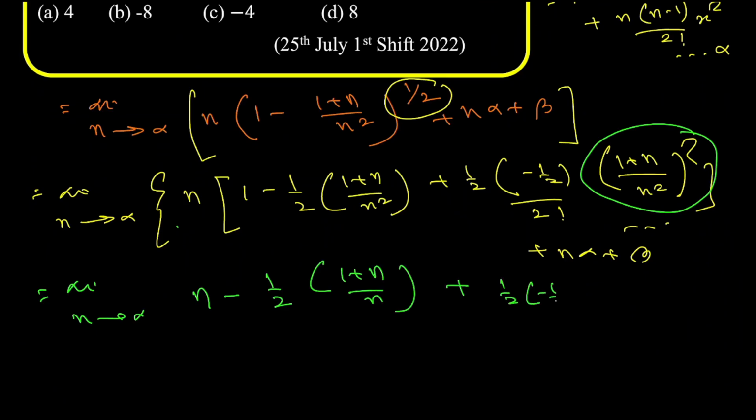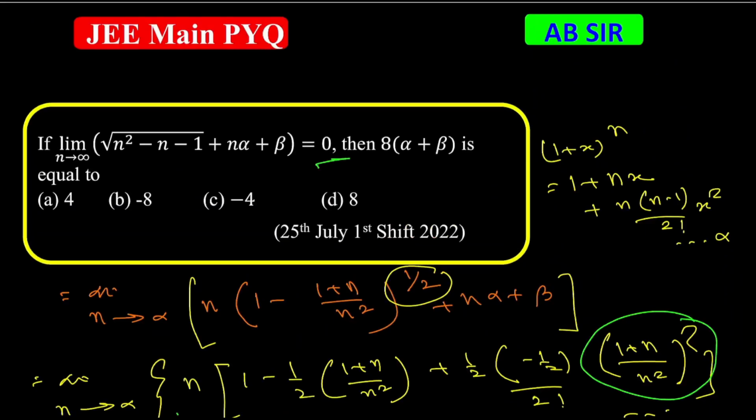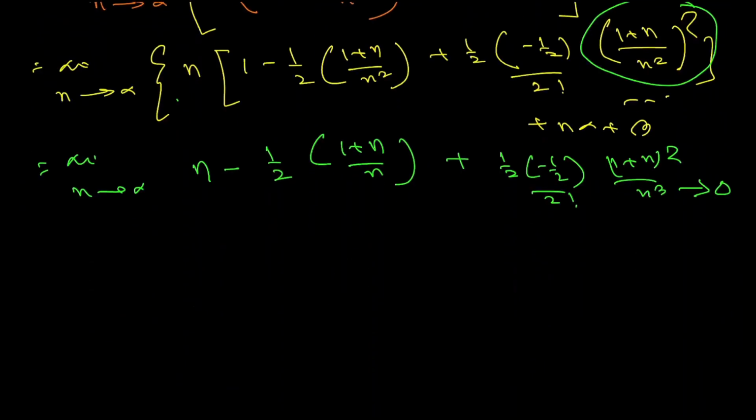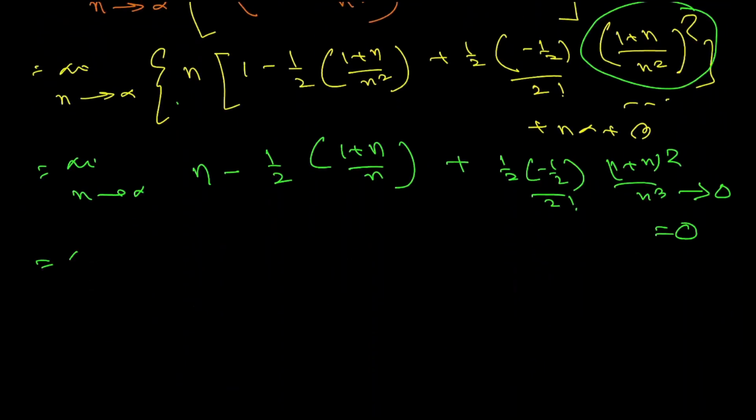I am not writing so much calculation, it is not needed because these terms will cancel; in this case it is (1 plus n) whole square by n cube. All of these are coming to be 0 because the denominator is more as n tends to infinity, and finally we are given that this is 0. So limit n tends to infinity of n minus half, n by n is 1 and 1 by n is 0, plus n alpha plus beta.